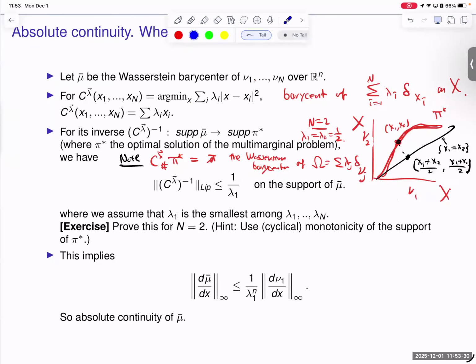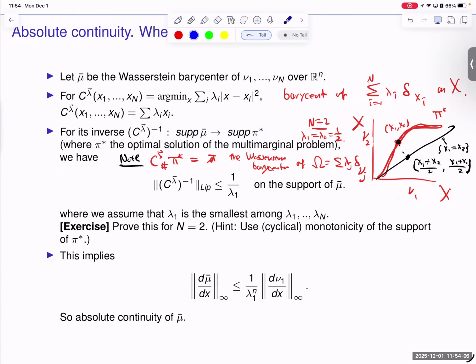Excuse me, I have a question about this. Yes, thank you. So when we define the inverse, it seems like this inverse would not be a function in general, but we're restricting the codomain to the support of pi star. It's just a mapping from there to that whole space. But the point is that the image from this is exactly this.